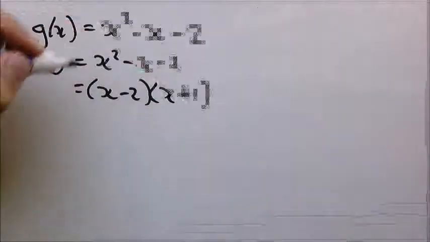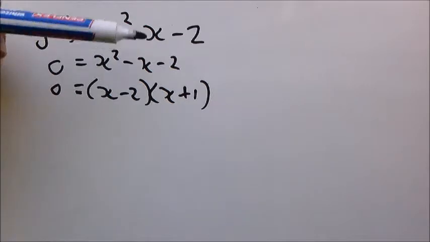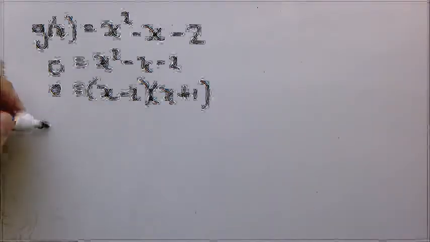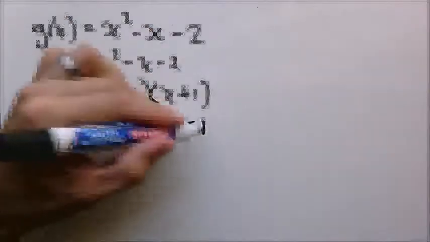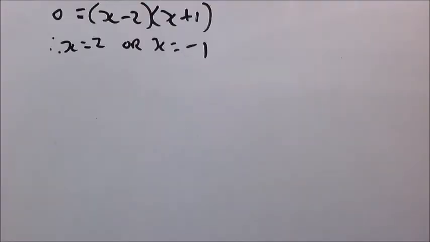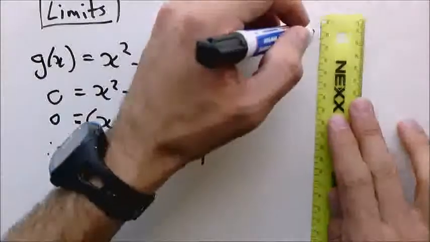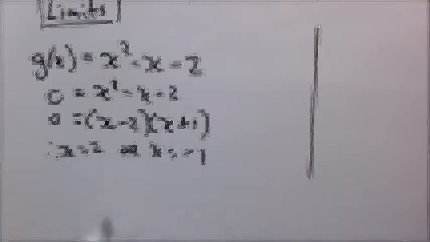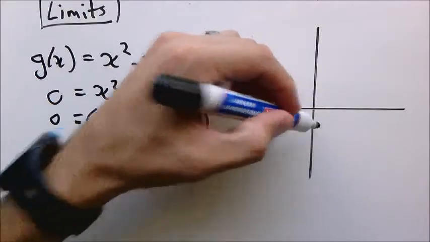And then from there on, after getting your factors, you have your x-intercepts and the y-intercept, right? So from here on, we know x is 2 or negative 1. So now when we draw this graph, it will look like this. Intercept at negative 2.